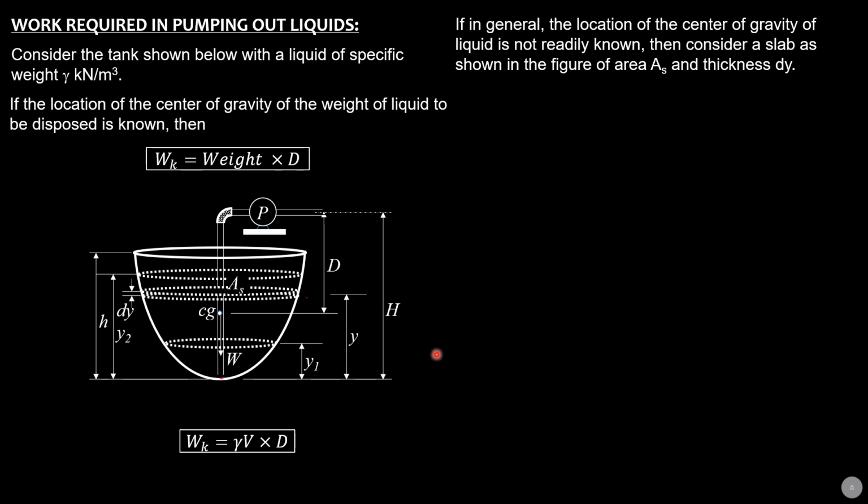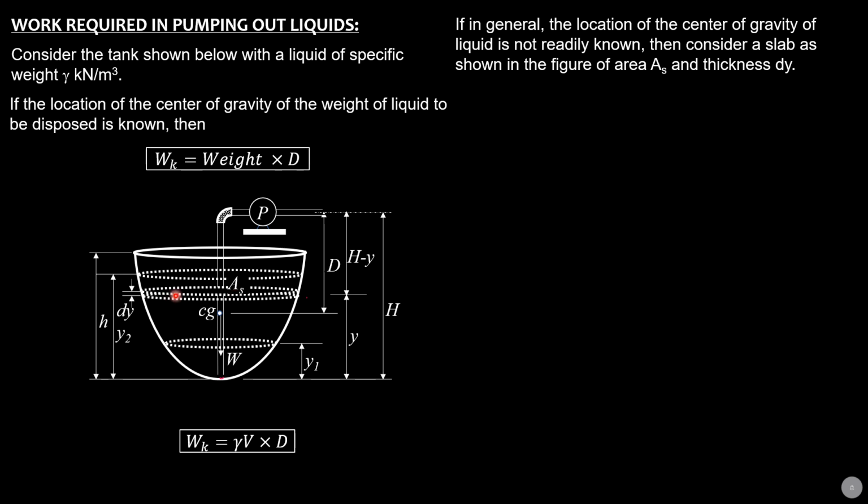Therefore, the differential weight is equal to the specific weight of the liquid times the differential volume. The differential volume is area S dy, just like the volume of a slab.